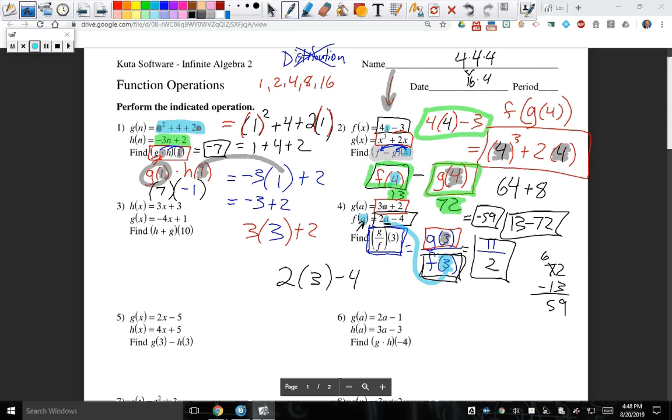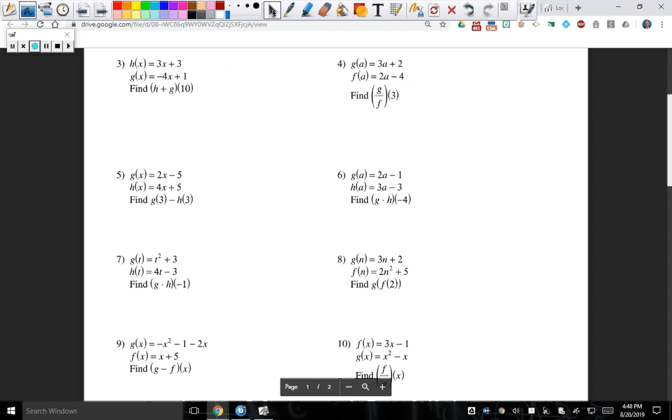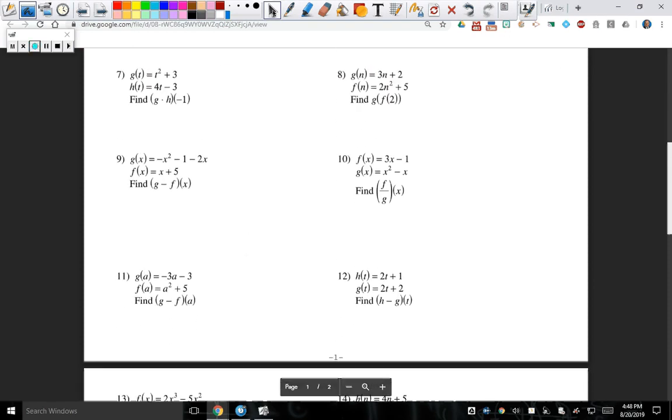Okay, so now we're going to go to number 8. I'm going to erase all of this and move down to 8, and we'll do number 16 as well. Alright, so number 8. This is our first function composition. This is our two-step process. We're going to first evaluate f of 2, and then whatever that answer is, we're going to plug that into the g function.